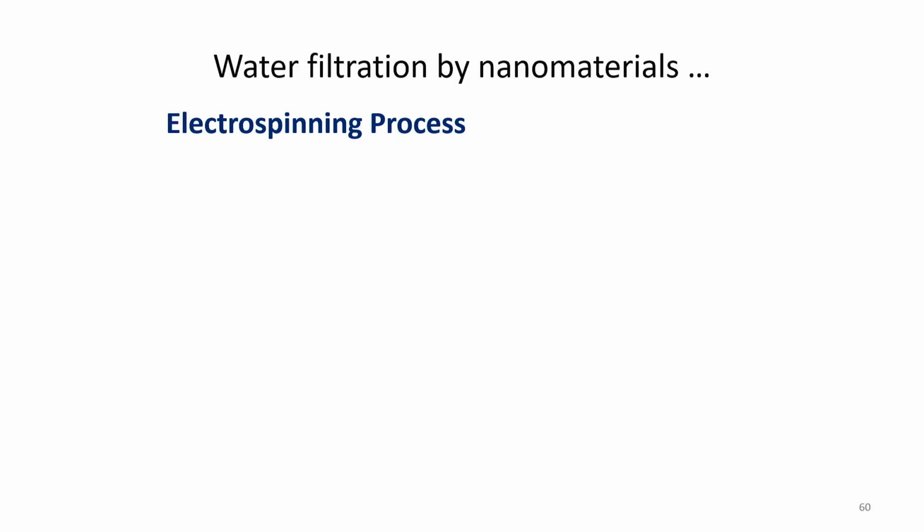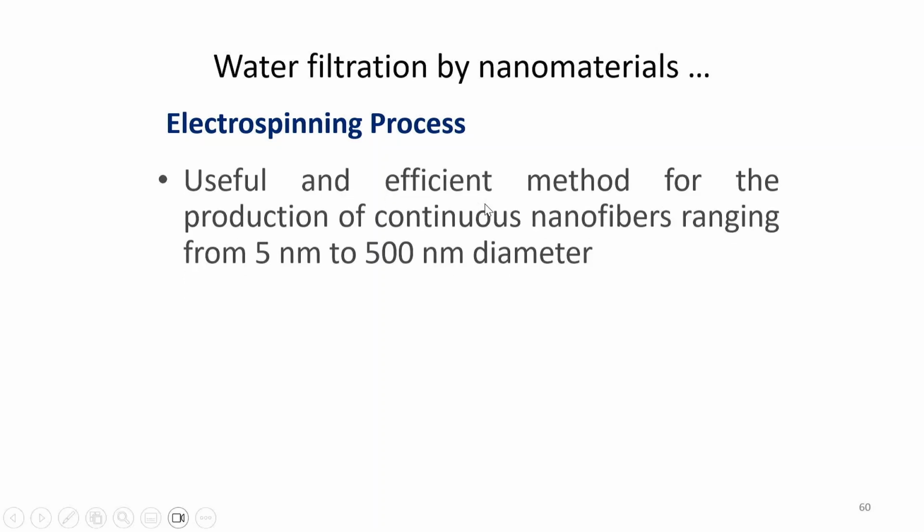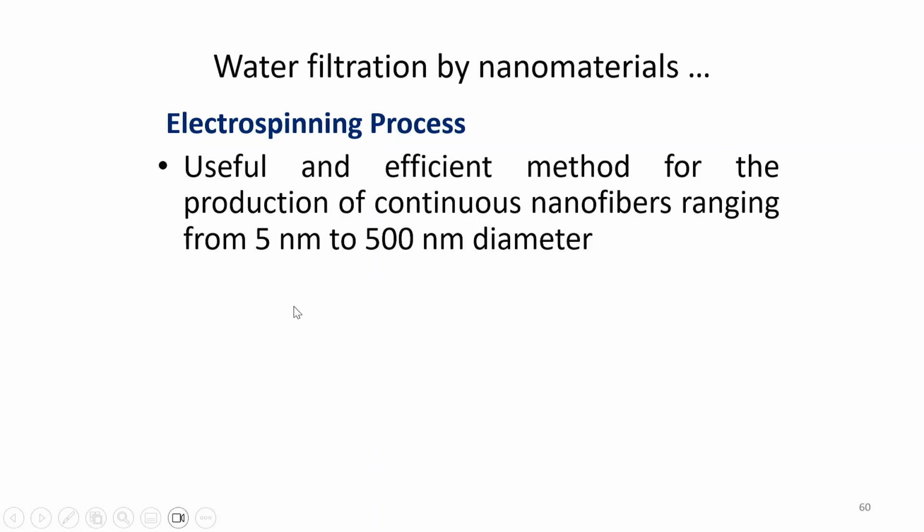So, let us try to understand the electrospinning process very briefly. This process is very useful in producing fiber within the range of 5 nanometer to 500 nanometer, where we can get continuous nanofiber and form a web which is typically very uniform.